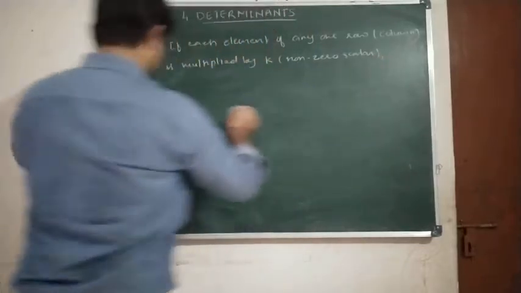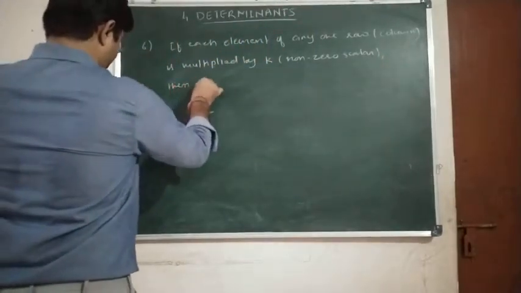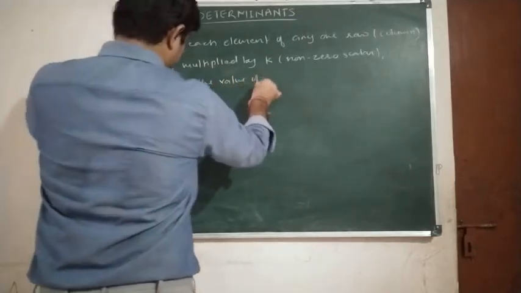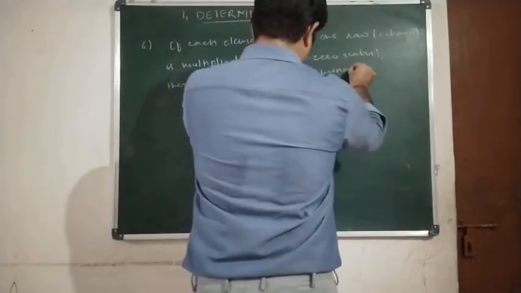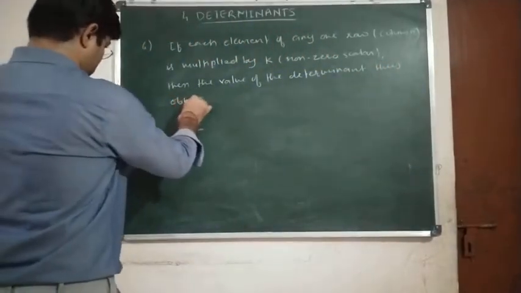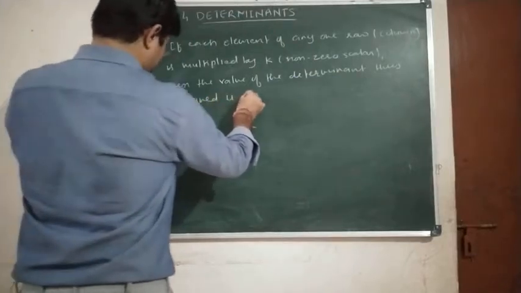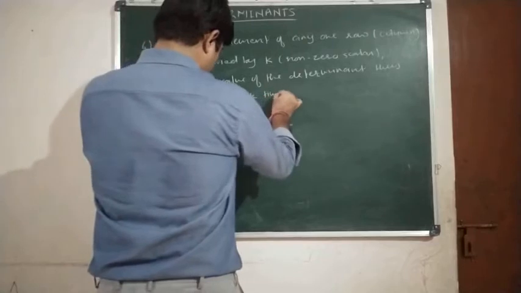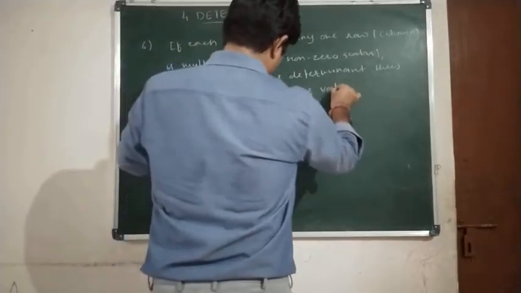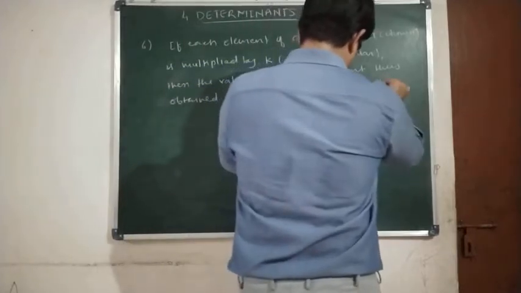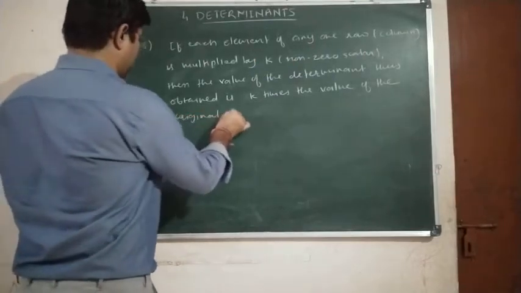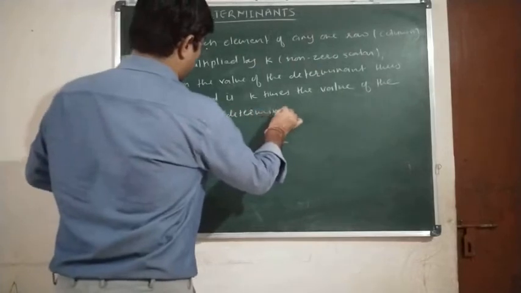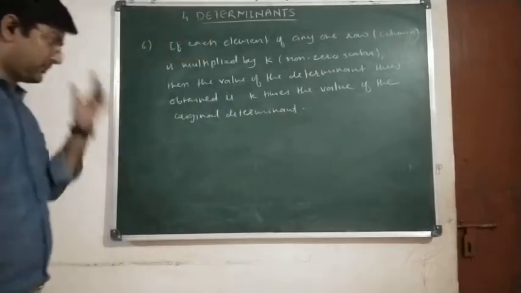Then the value of the determinant thus obtained is k times the value of the original determinant. Yes or no? This is property number 6.